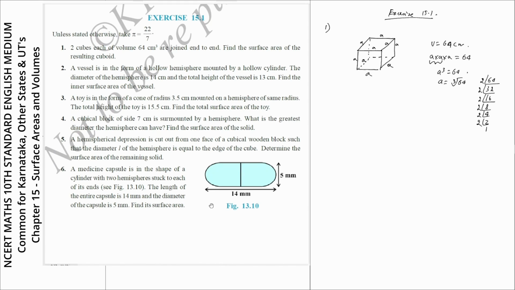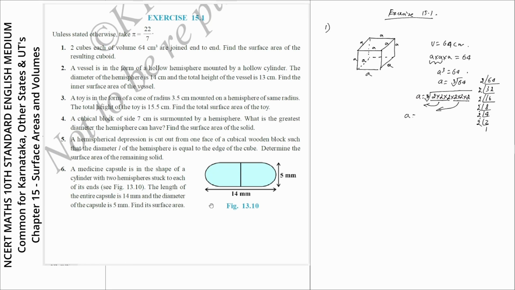So A is equal to third root of 2 into 2 into 2 into 2 into 2 into 2, there are six 2's. Since it's third root, I can group 3 at a time and remove one 2 from each group.